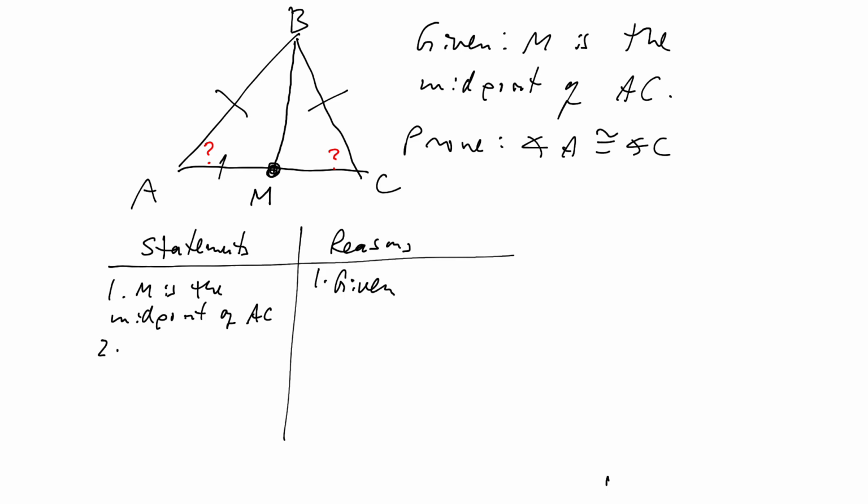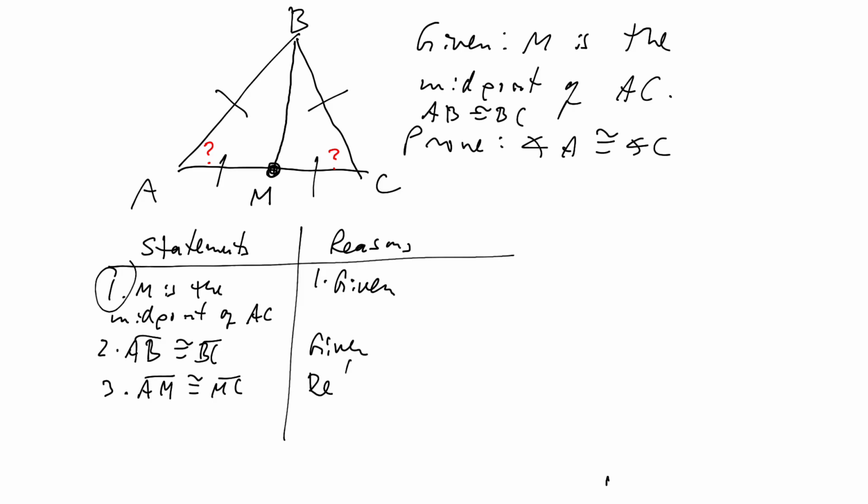So let's get that happening. Because M is the midpoint. Oh, there is another piece of given information. Sorry. AB is congruent to BC. Now, as I was saying, because M is the midpoint, we can say that AM is congruent to MC.